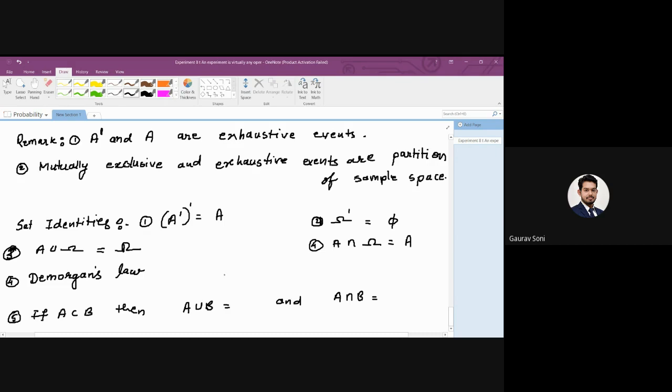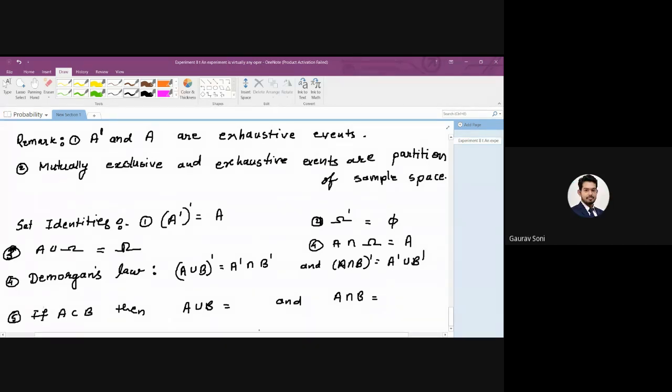What is De Morgan's law? A union B whole dash is equal to A dash intersection B dash, and A intersection B whole dash is equal to A dash union B dash.